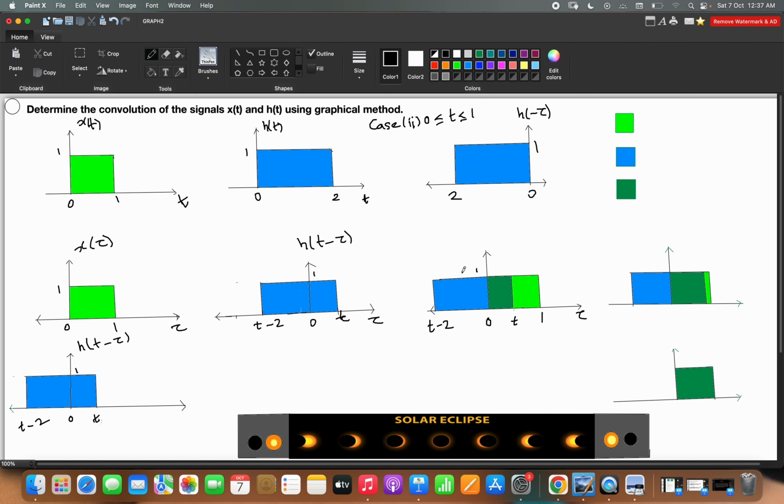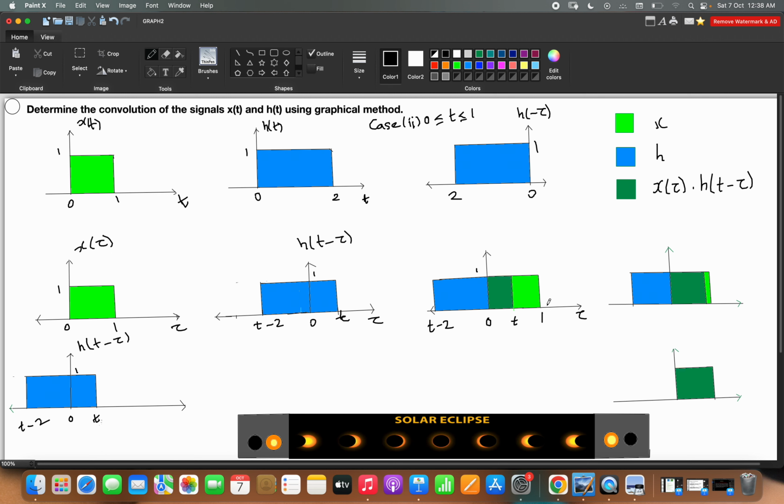So this is the overlapping of x of tau and h of t minus tau. You can see the dark green color. In this case, the green color denotes the x function and blue denotes the h function, and the dark color denotes the overlapping region, or else you can call it the multiplication of x of tau and h of t minus tau.